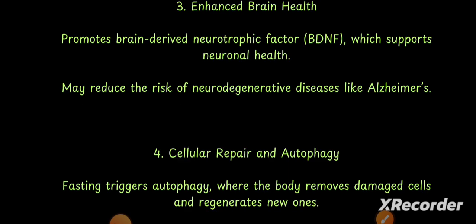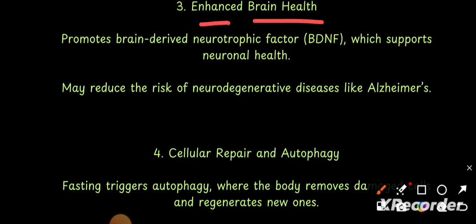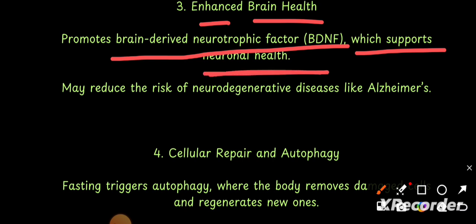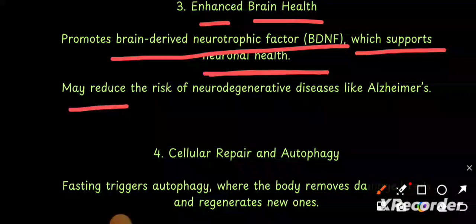And the other one is that it also enhances brain health, because fasting causes BDNF release, which is brain derived neurotrophic factor, which supports neuronal health. This BDNF also helps in neuronal growth. It also has a chance of reducing the risk.